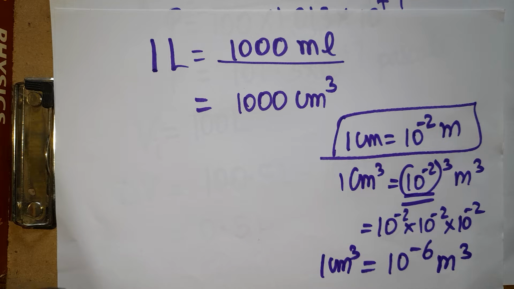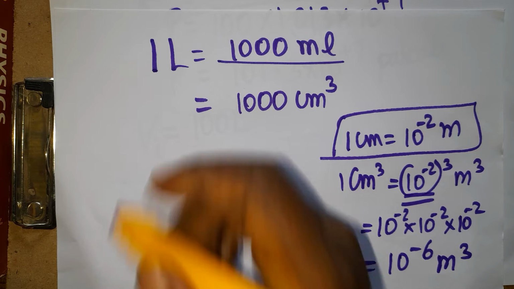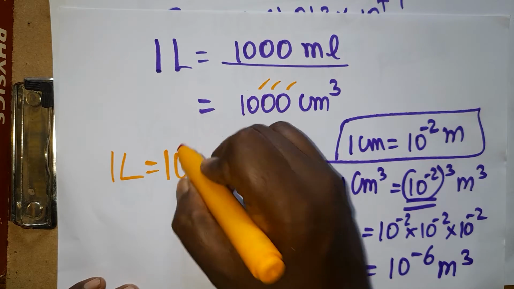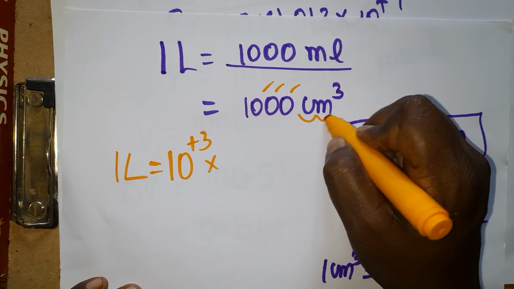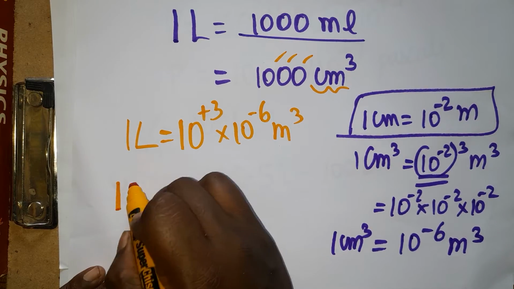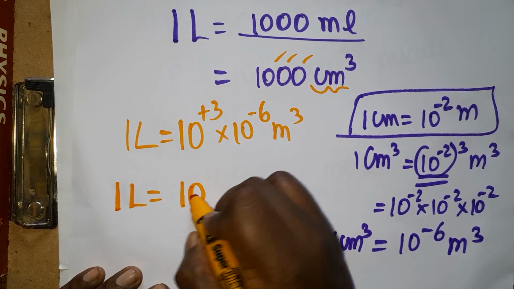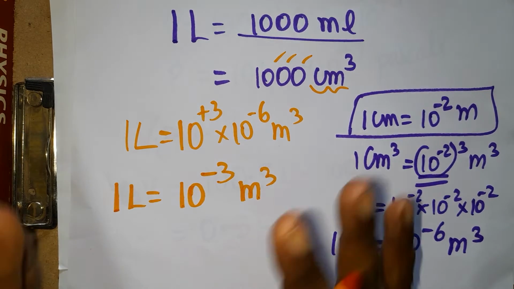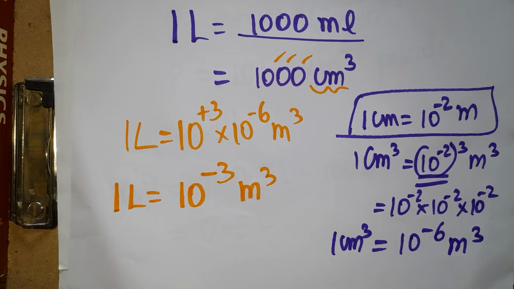Because you should always do the problem in the MKS system. So 1 liter is 10 power 3 into 10 power minus 6, which is 10 power minus 3 meter cube. I am going to do the problem in the SI unit only, meter cube.